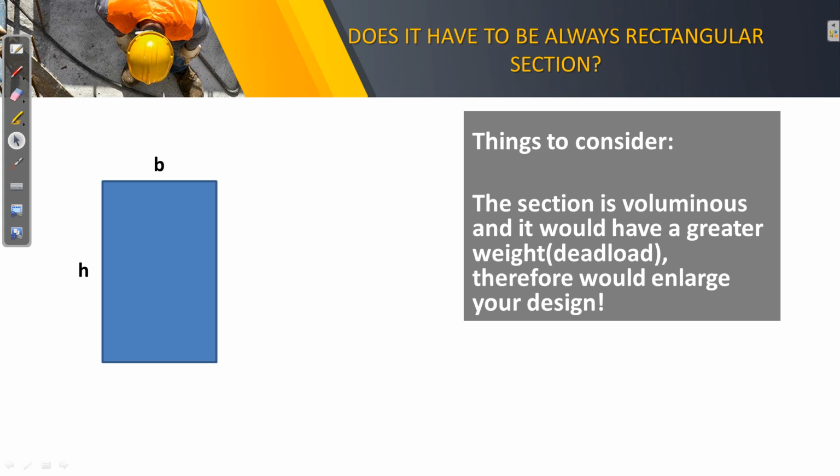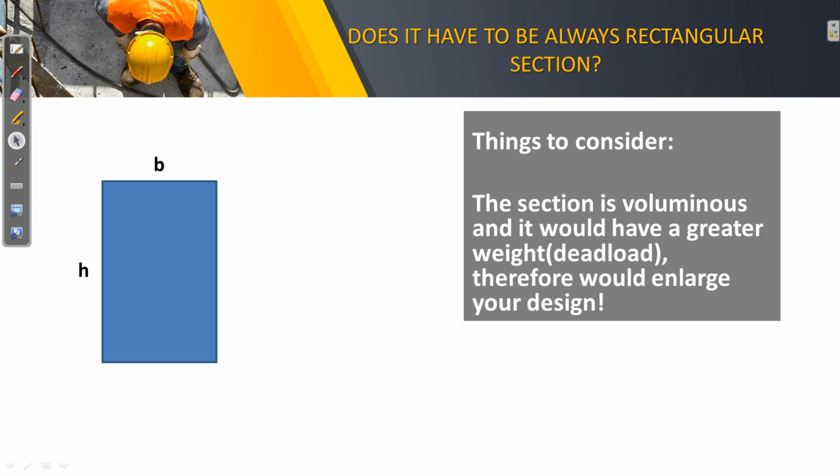So probably one of the questions, premature question, does it have to be always a rectangular section? So of course, there are a lot of things to consider, like if we intend to use this one, especially if you have a steel section, this may involve a lot of volume, and as you know the volume is directly proportional to the weight.